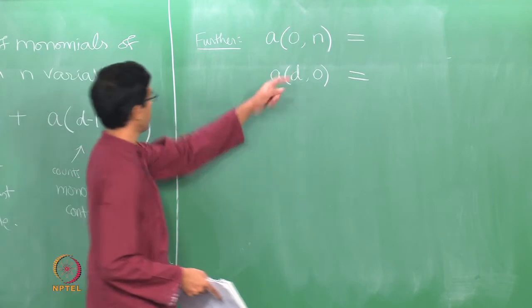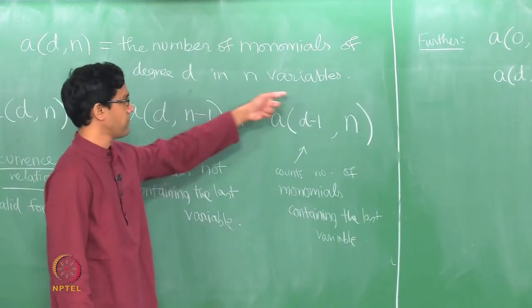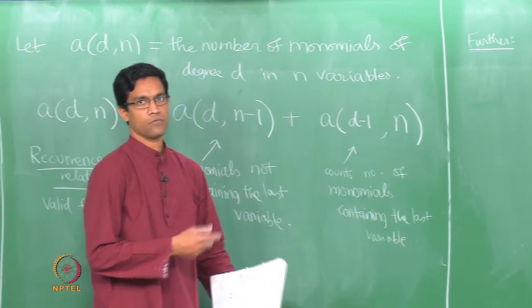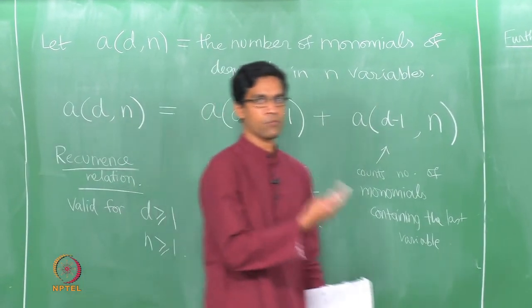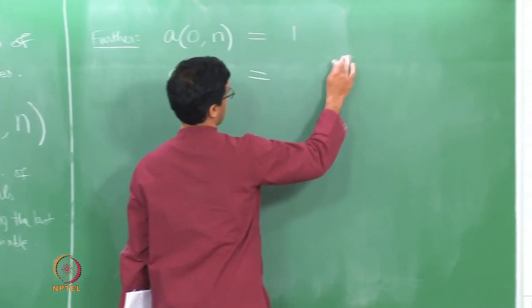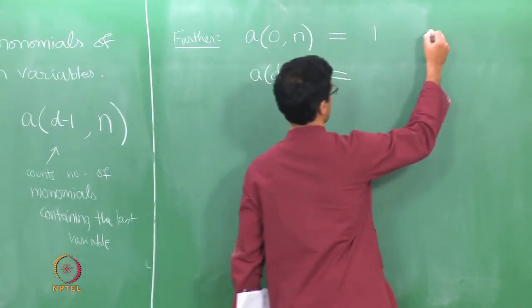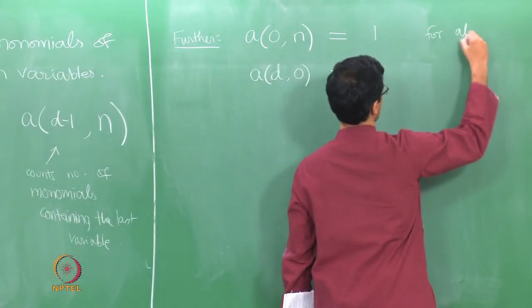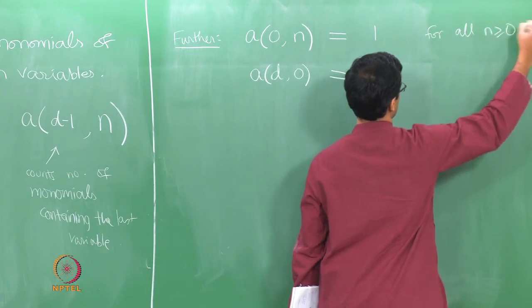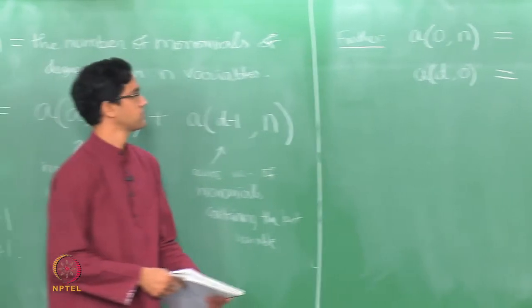So a of 0 comma n would be, let us read this, it is the number of monomials of degree 0 in n variables, right. So we have already done this, there is only one monomial of degree 0, which is x power 0, y power 0, z power 0, and so on, every variable power 0. So there is only one for all n, degree 0. So that is easy. Now what about the next thing, a of d comma 0, okay.